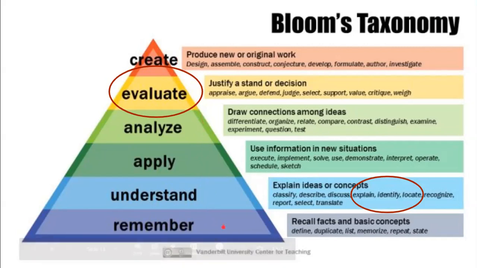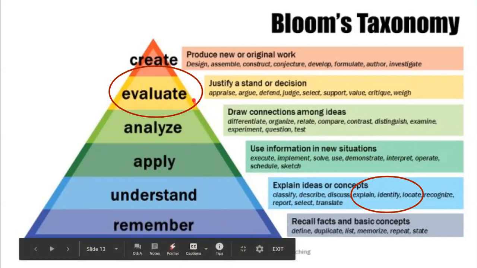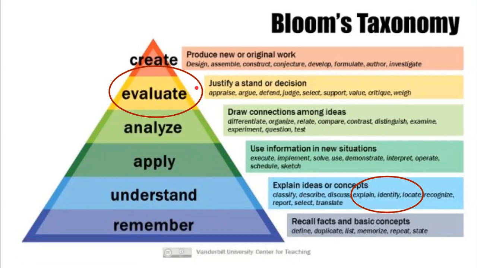And we all know from past training that the higher level thinking skills you can draw on from students in class, the better they understand the material, they're able to utilize the material, and their retention is just off the charts better.